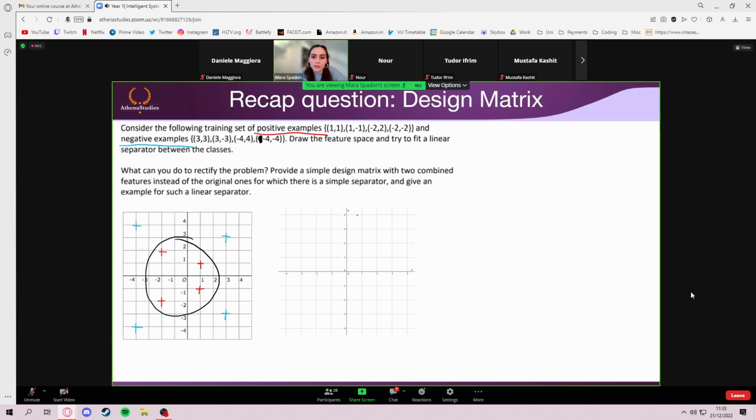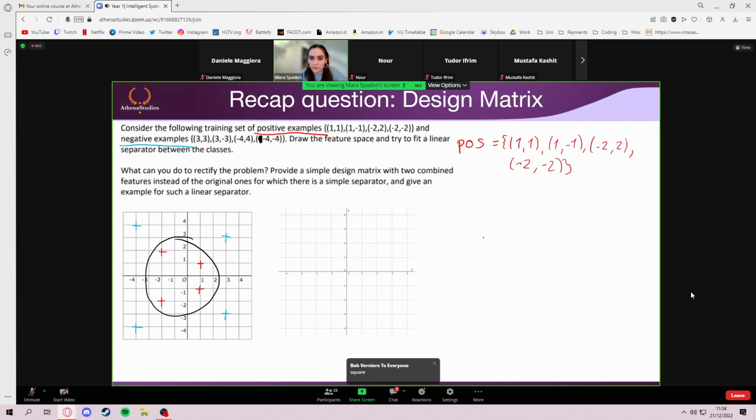So if we look at these examples, we have our positive data points. Does anyone have a suggestion of what we could do to adapt these values such that we could actually fit a separator between them? So I see someone saying we basically take the square of it.